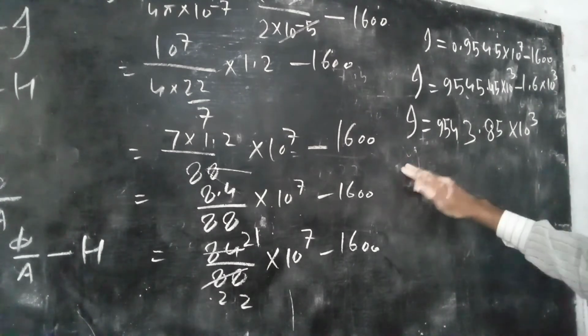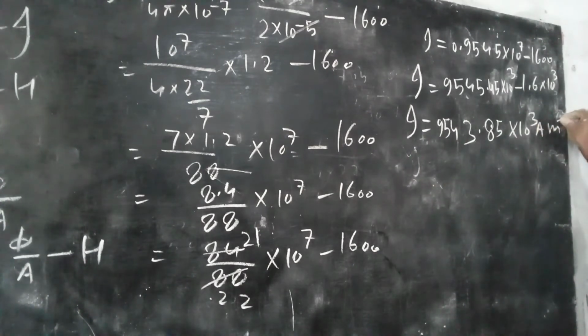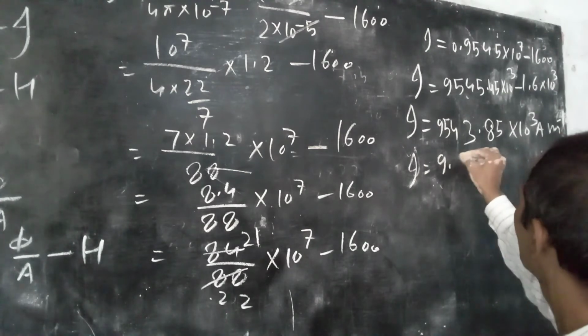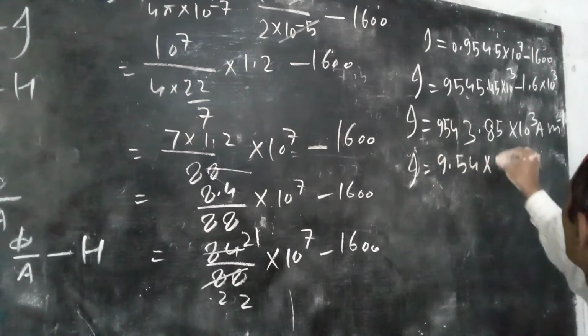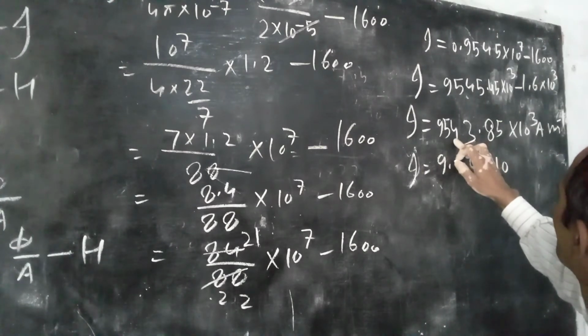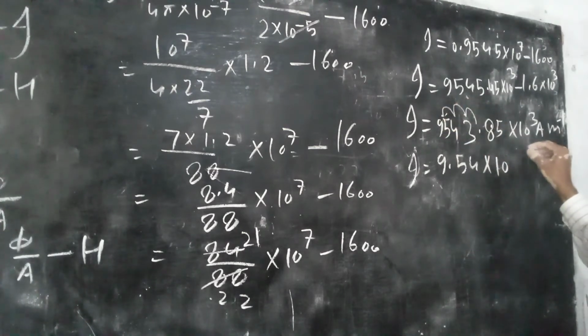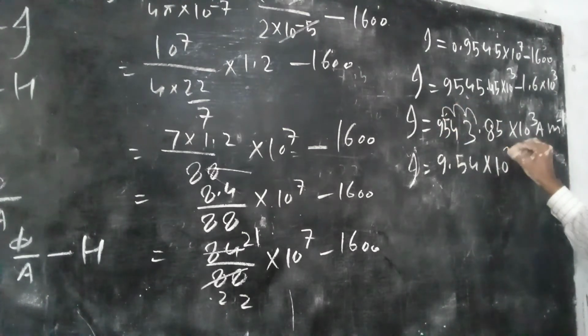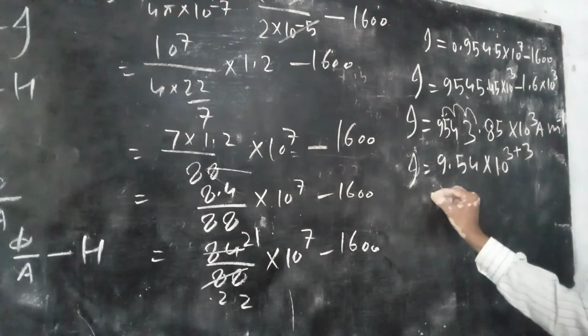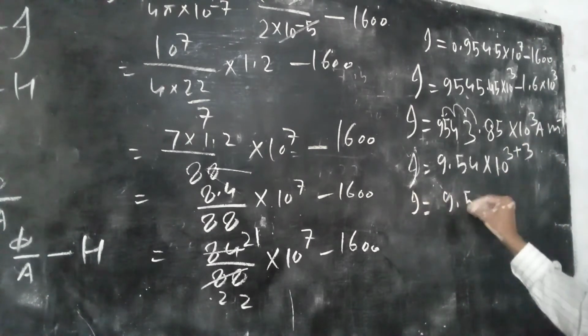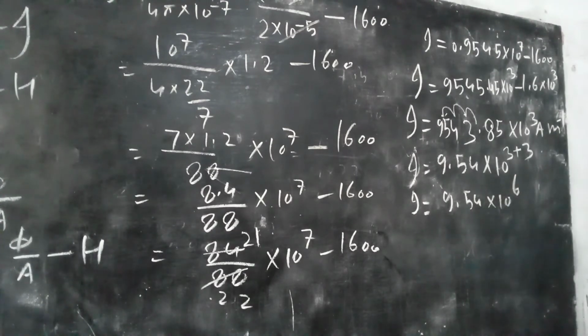See your answer, 9.534 into 10 raised to power. Shift decimal 3 digits left. So when you shift decimal 3 digits left, then power of 10 increases by 3. So I is equal to 9.54 into 10 raised to power 6 ampere meter minus 1. This is your answer.